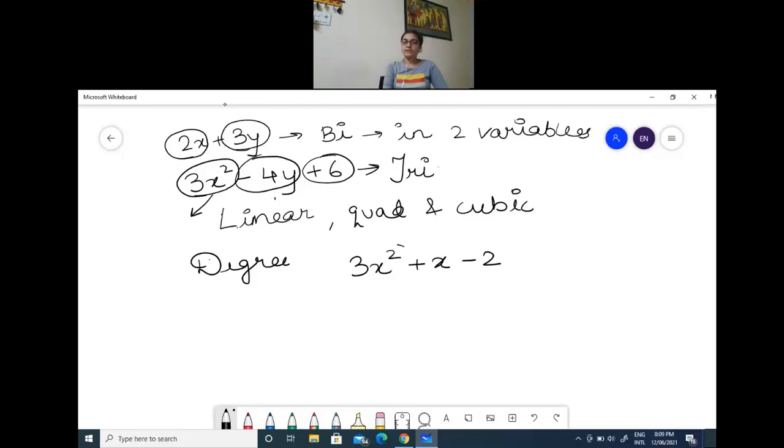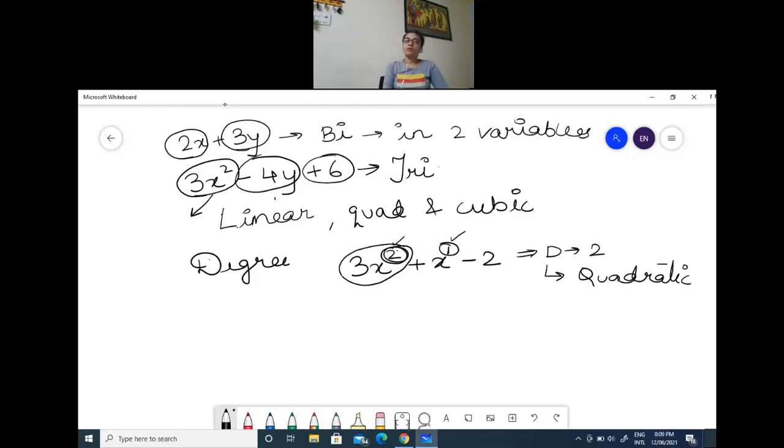So as you can see over here, 3x squared, the power is 2. X, it means x raised to 1. So the highest power among 2 and 1 is 2. So the degree of this particular equation becomes 2. And when the degree is 2, we call it as a quadratic equation.